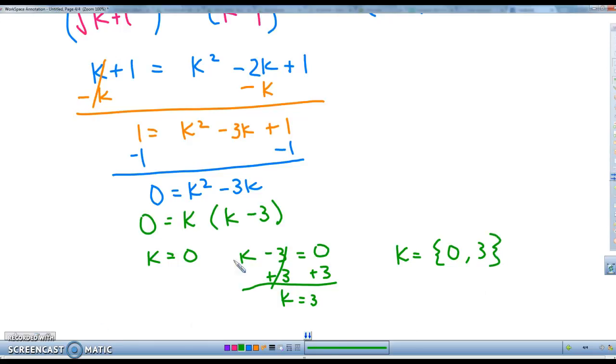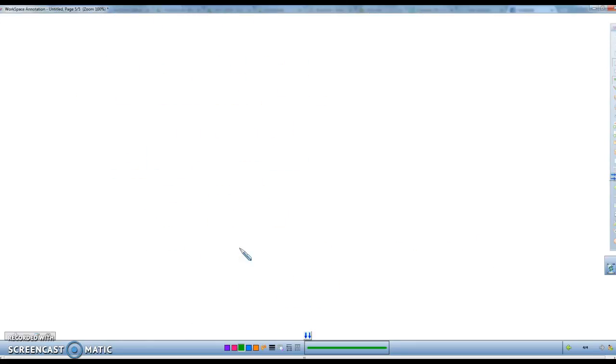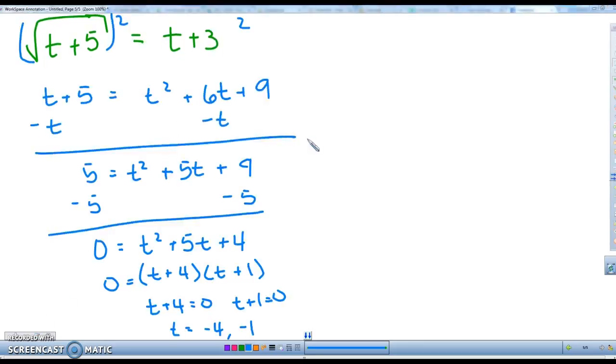Let's have some practice problems with this for you to try. So we'll do the square root of t plus 5 equal to t plus 3. Try that one. So I started off by squaring both sides, which means I had to FOIL this.